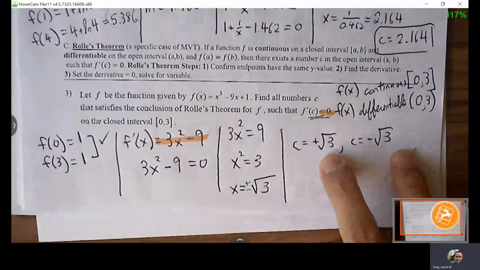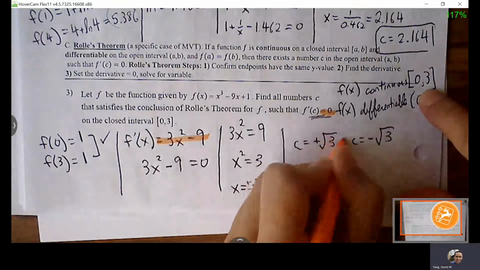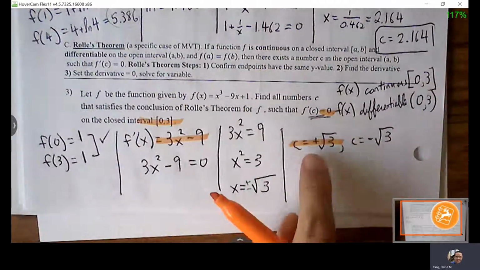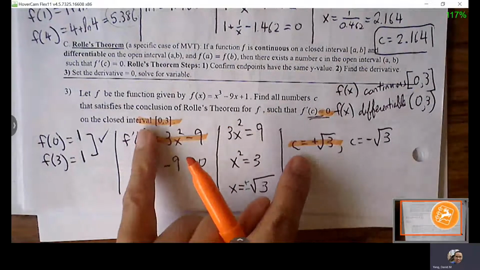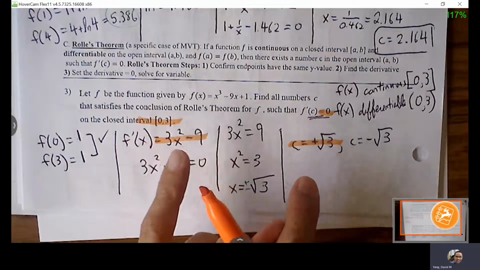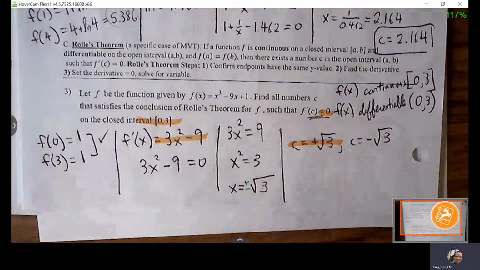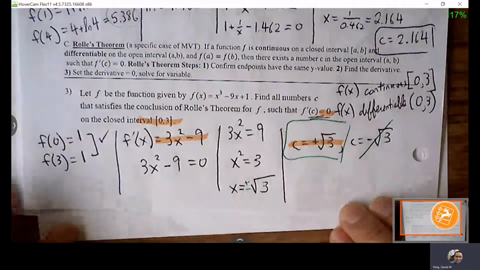But do we keep both of these locations? Negative is not, right? So even though this is a place that has a slope 0, we are only concerned about the interval. This goes for mean value theorem, for Rolle's theorem, for extreme value theorem. We only care about what's inside the interval. Anything outside is not part of the problem. Okay, so this one is out, just positive root 3.